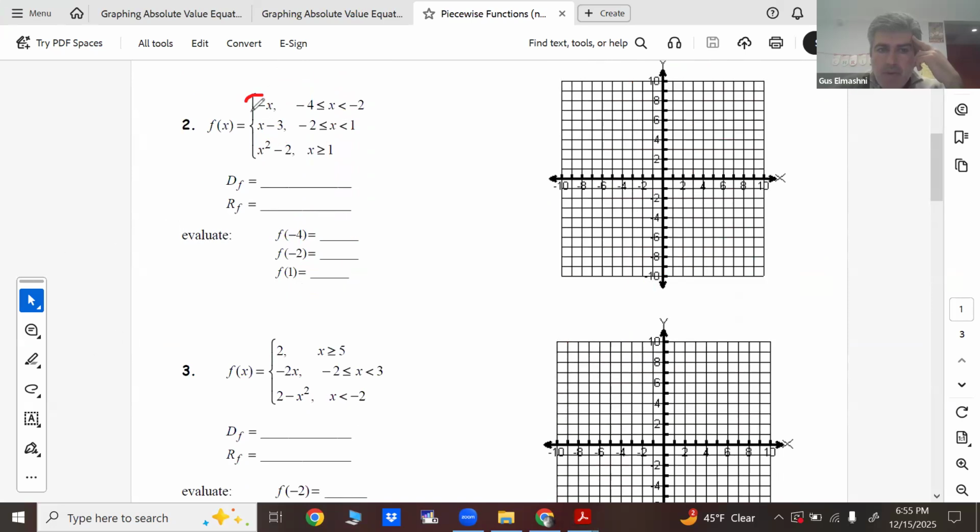So here's what I could do first. Go ahead and graph y equals negative x. Figure out the slope and the y-intercept.